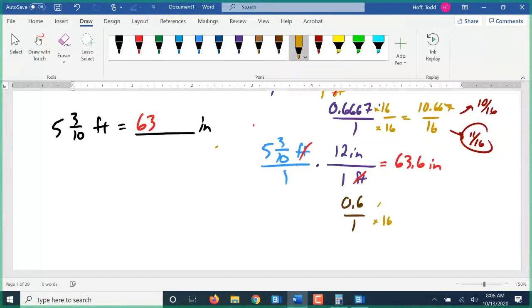We're going to multiply by 16 to turn that into sixteenths. 0.6 times 16 is 9.6. That's telling us we are between 9 and 10 sixteenths. 9.6 is closer to 10 sixteenths. 10 sixteenths reduces to 5/8. 63 and 5/8 inches.